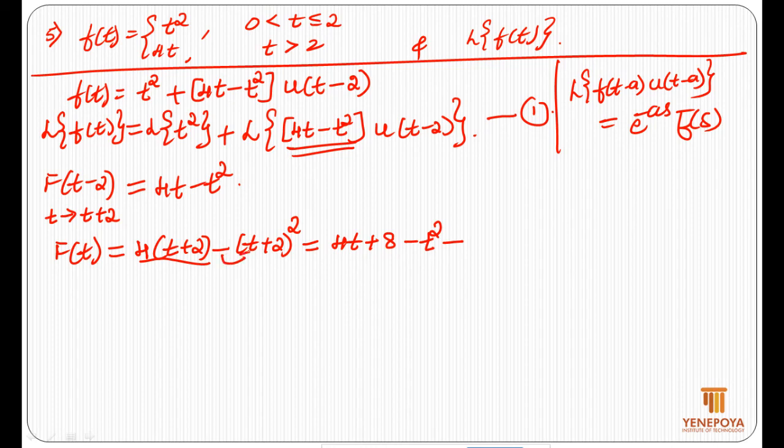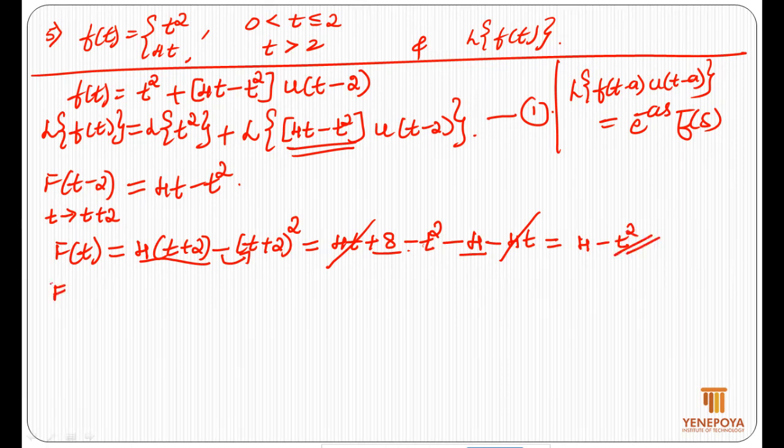Since we have a negative sign here, we multiply: a square plus b square, that is 2 square which is 4, plus 2ab, 2 into t, that is plus 4t. Since we have taken the negative sign here, these three are negative. Now 4t and minus 4t cancel. This equals 8 minus 4, that is 4 minus t square. This is f of t.